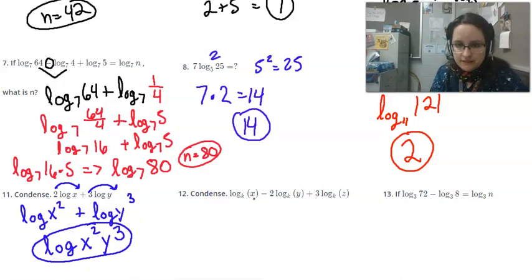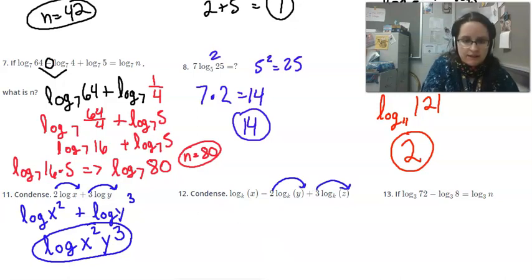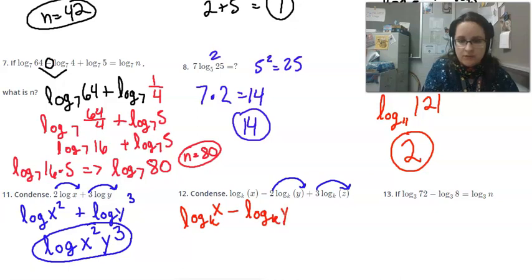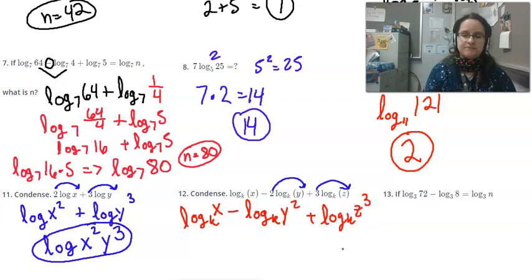Condense log k of x minus 2 log k of y plus 3 log k of z. So we are going to first use the power rule and rewrite it. Log k of x minus log k of y to the second power plus log k of z cubed.